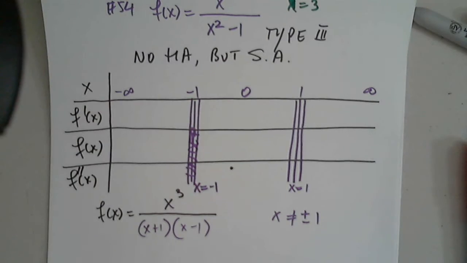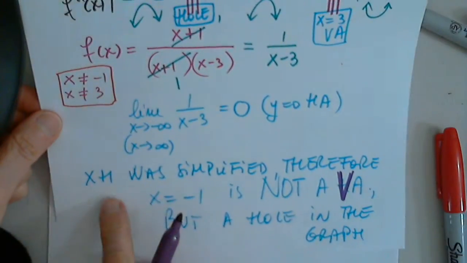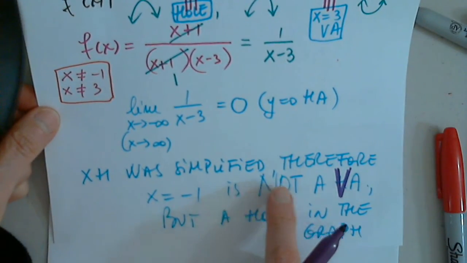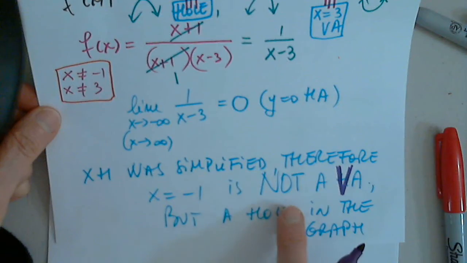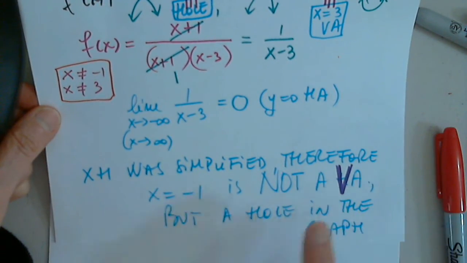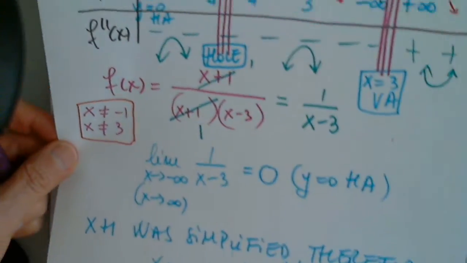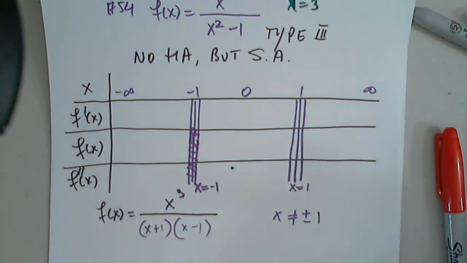Good. So then I was not able to simplify it. So then they will stay. If they stay, x equals negative 1 and x equals 1 are vertical asymptotes.